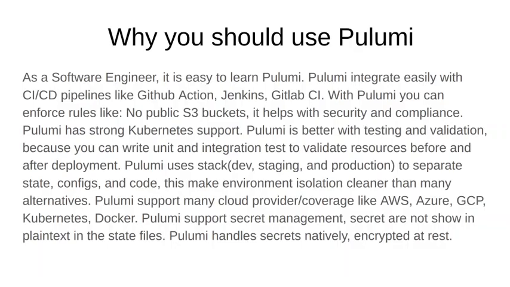For other infrastructure as code tools like Terraform, you have to depend on a third party to help you manage secrets and sensitive data. However, Pulumi handles secrets natively, which means most of them are encrypted at first.